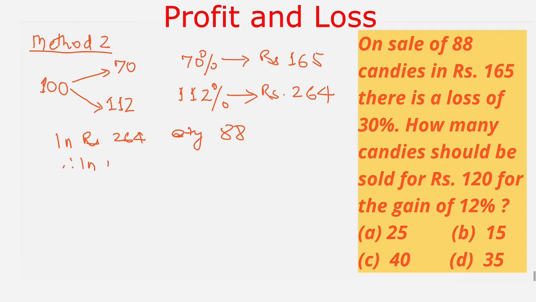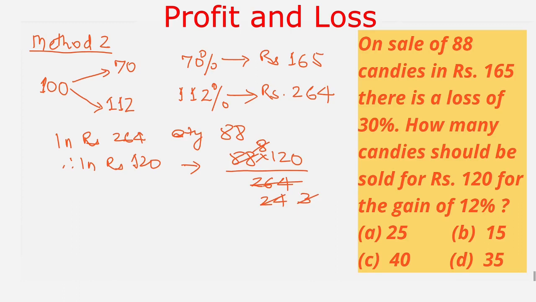Therefore, in rupees 120, the quantity we can calculate is 88 multiplied by 120 divided by 264. 11 divides 264 for 24 times and 88 for 8 times, and 8 cancels 24 for 3 times, and 3 divides 120 for 40 times. So this is equal to 40 candies. And from the given options, our answer is option C.